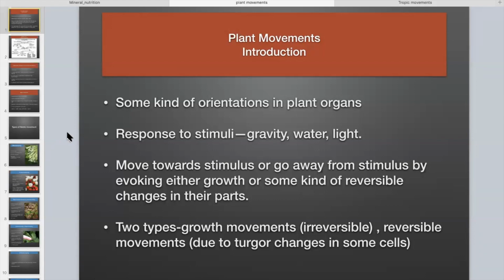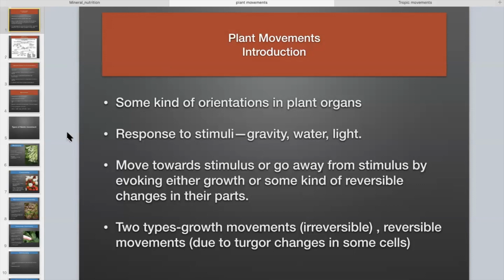The movement of the plant may be towards the stimulus, or it may go away from the stimulus. If it is moving towards the stimulus, it is called positive movement. If the plants are moving away from the stimulus, it is called negative movement.